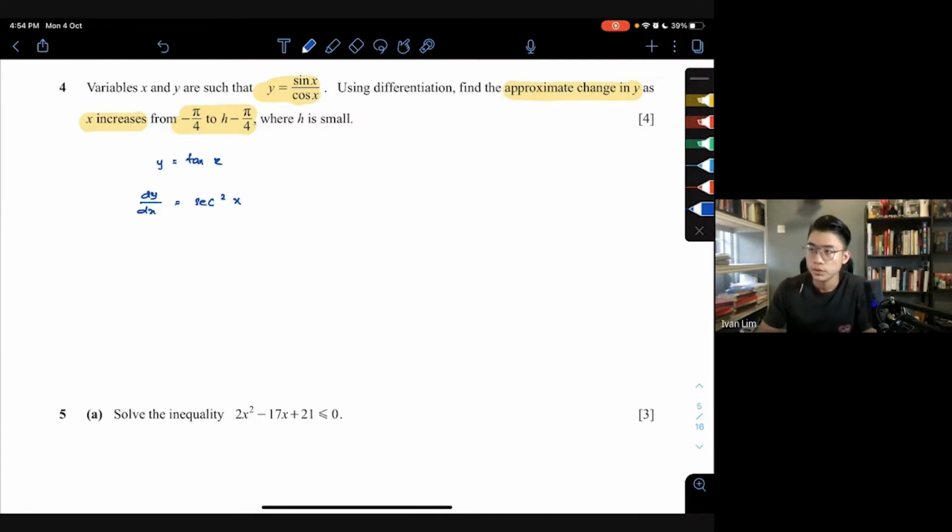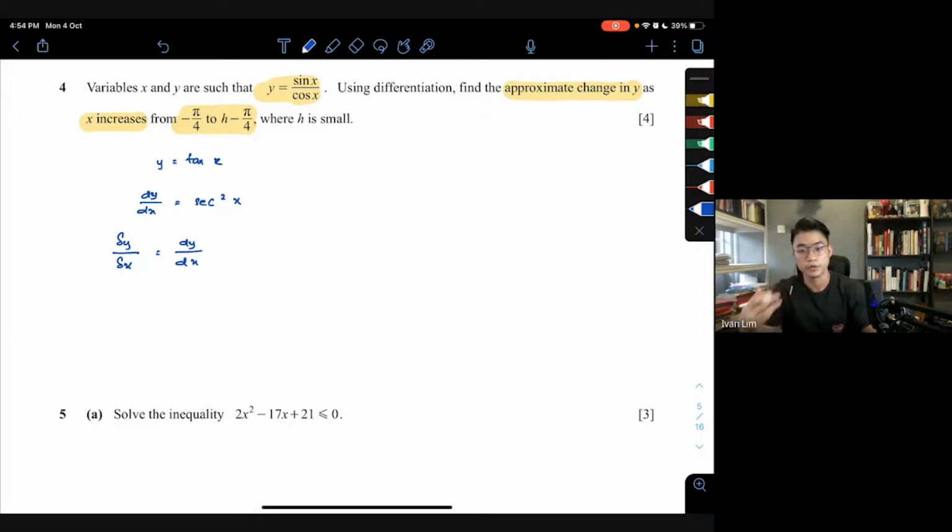Then we want to find the approximate change. The formula is always delta y over delta x equals dy over dx. Write this down first so you know what you need to find. We already found dy over dx. Then they say x increases. Sometimes they say y increases. So this is the easier one, x increases.